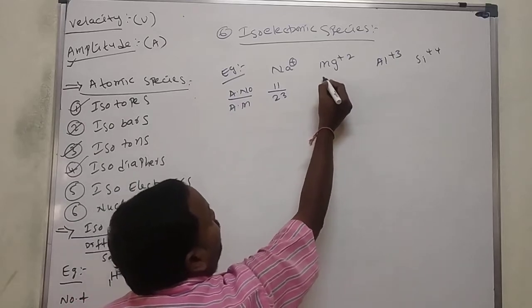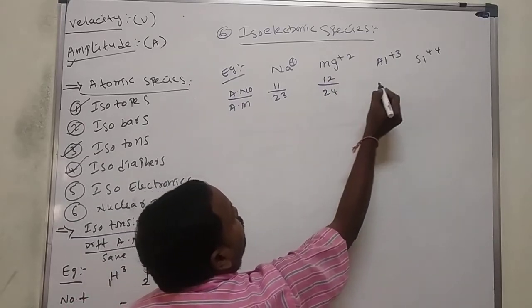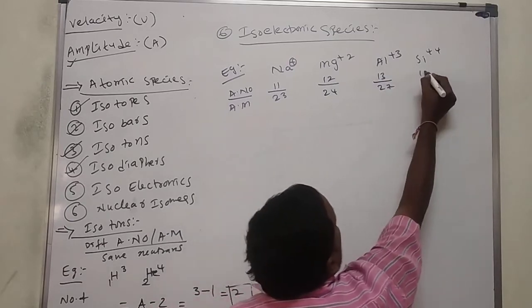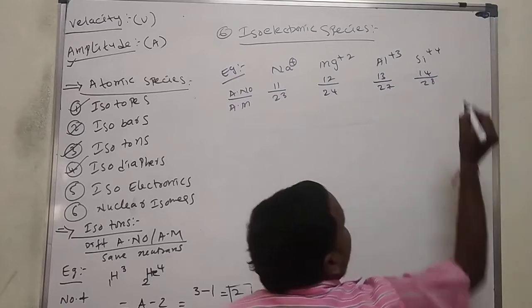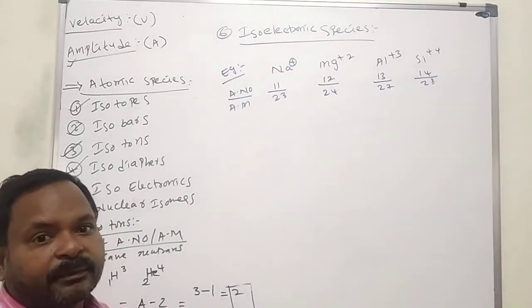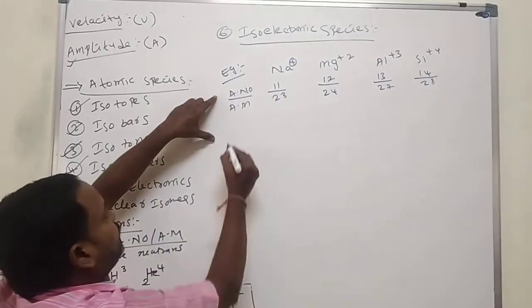Magnesium is 12 and 24. This one is 13 and 27. This one is 14 and 28. These have different atomic numbers, different atomic masses, but the same number of electrons.